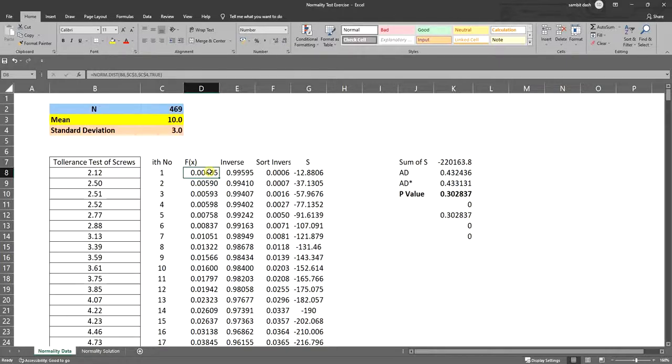If you again want to understand how we calculated a normal distribution, it is a little complicated, but what we do is we find a relative probability for each of these, right? So that's how we calculate the fx and inverse of fx. Similarly, we calculate S, which is nothing but the total, and finally we are getting to p values, right? And that's exactly what we mean by a normality test.